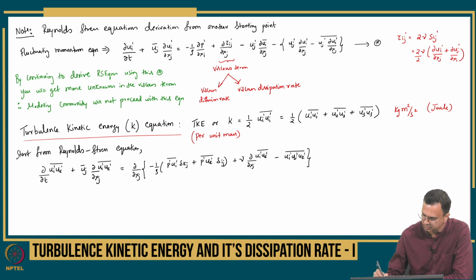I have simply taken the divergence term out here, dou by dou xj of these three: the turbulent diffusion rate, viscous diffusion rate, and the pressure diffusion rate. We have already derived this.